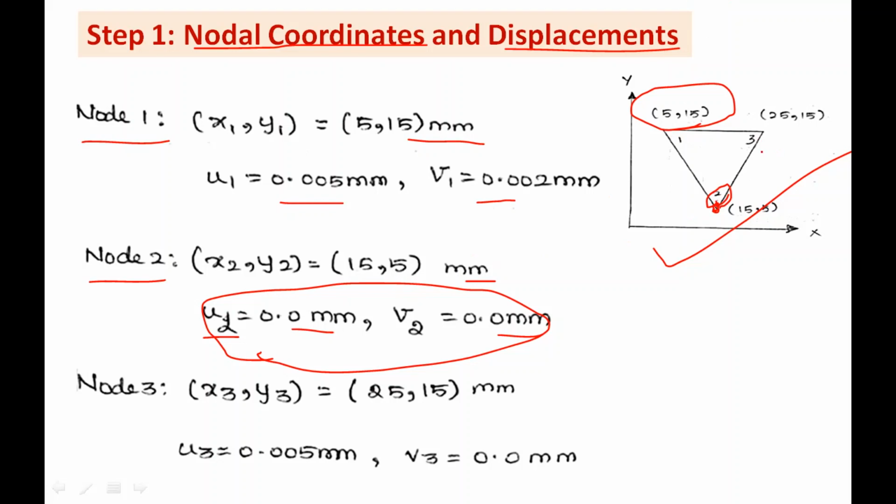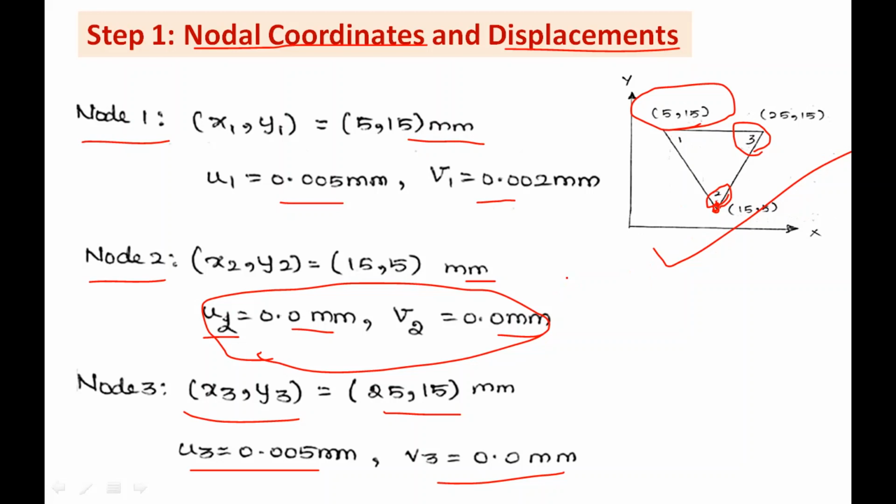Then node 3 is this one. Coordinates are 25, 50 mm, and nodal displacement u3 0.005 mm, v3 is 0. Along the y direction, no displacement, it is arrested, right? So this is the physical meaning. So v3 may have some constraint or support.